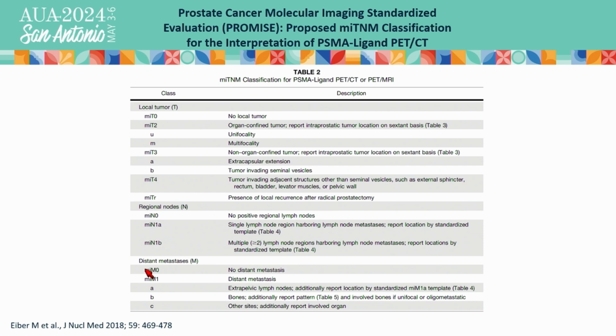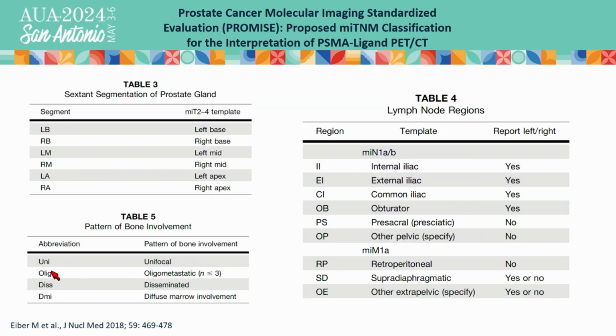And you can also go a little bit more in detail. You have a segmentation of the prostate gland, so your nuclear medicine people can give you the exact determination where in the prostate this PSMA positive focus is located, and you can make your decision how to treat it: radical prostatectomy, radiation, focal therapy, whatever.